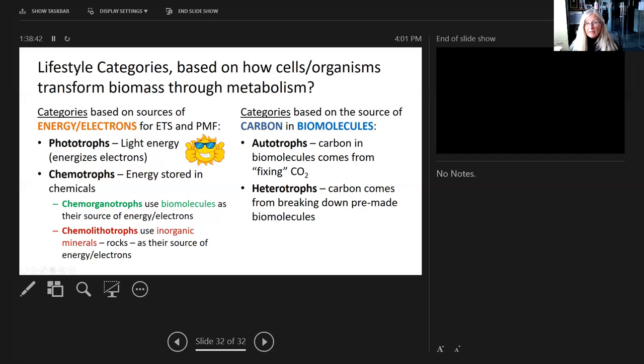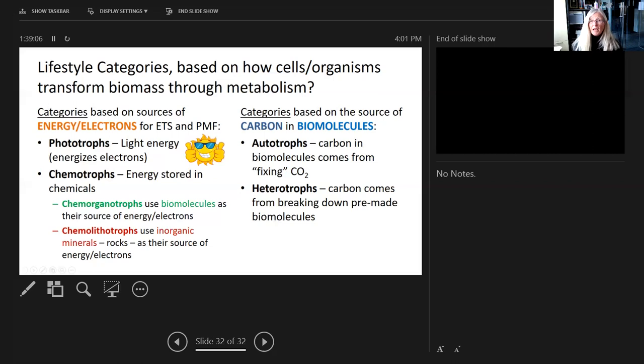Heterotrophs, on the other hand, I view heterotrophs as the laziest bunch of organisms that there are, because it's just like, I don't want to cook dinner, I just want to go out to eat. So it all comes pre-made to them in the form of organic biomolecules. So they'll break down those biomolecules, they'll get the building blocks they need, they get the energy that they need.